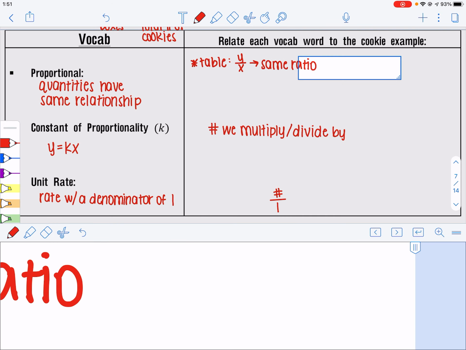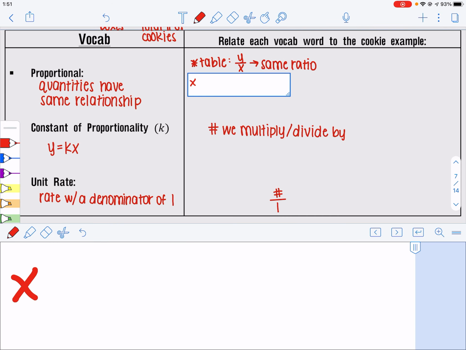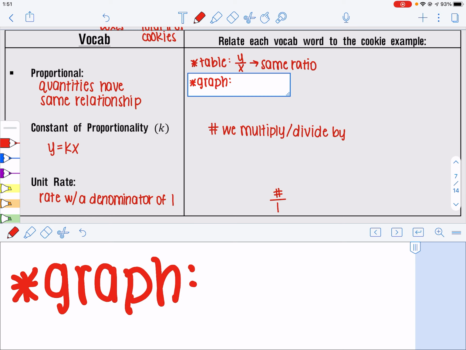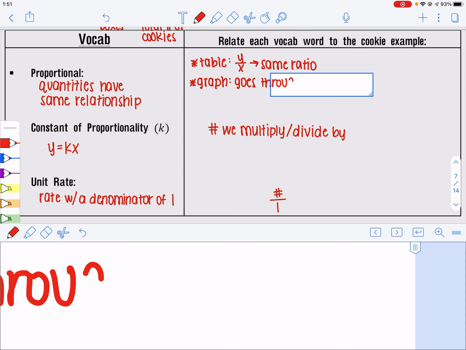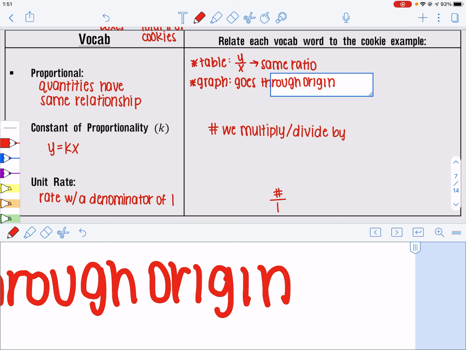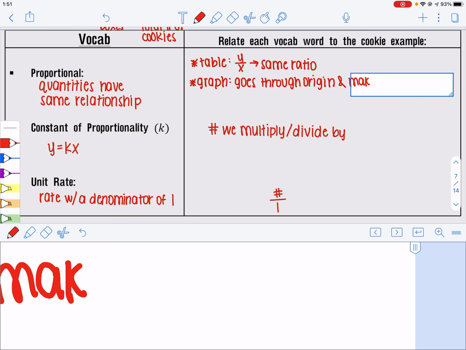Okay, and then if it's a graph, like we just saw up above, two things have to happen. It has to cross the origin. So I'll just say goes through origin and makes a straight line.